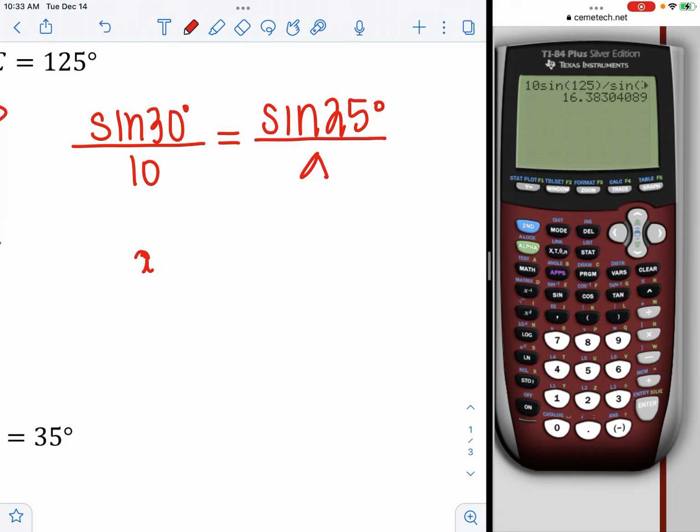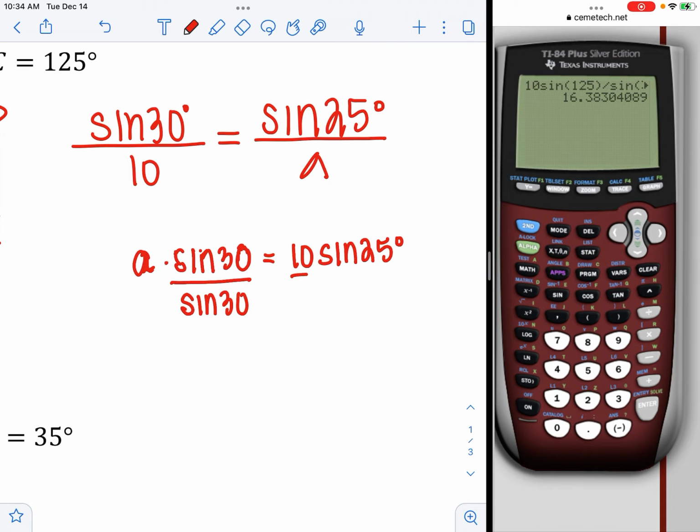So we have A times the sine of 30. Why is my pen skipping? Equals 10 times the sine of 25. All right, I need to get A by itself, so I'm going to divide by the sine of 30. Gone.